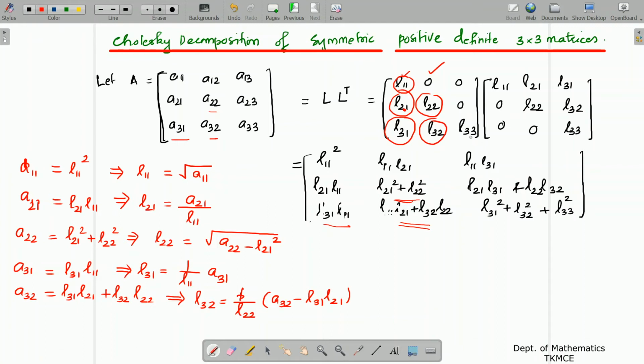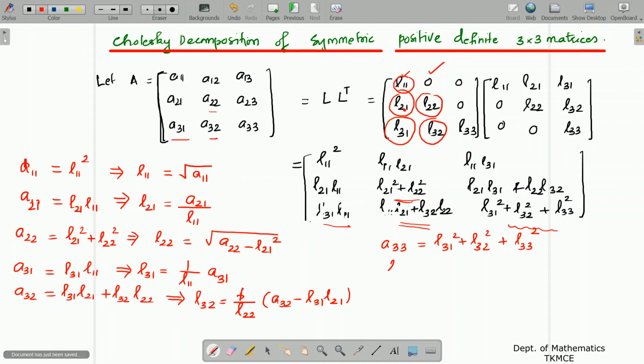Now the last is to get L33. To get L33, we are going to compare this term L31 square plus L32 square plus L33 square with A33. So let us see what happens. The left hand side is A33 and the right hand side is L31 square plus L32 square plus L33 square.